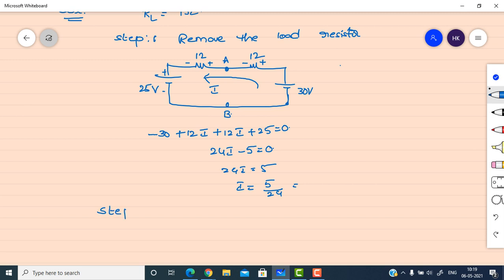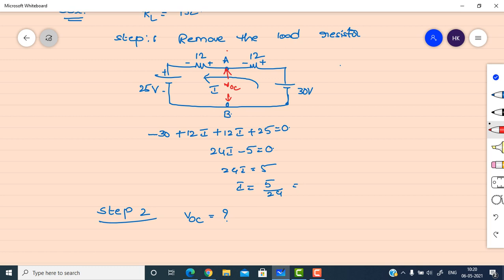Next step, we have to find out the open circuit voltage. For finding the open circuit voltage, listen to this carefully. Here this is the circuit we have now after removing the load resistor. Now we have to find the voltage across the load terminals. That means across this we have to find the open circuit voltage between these two terminals.